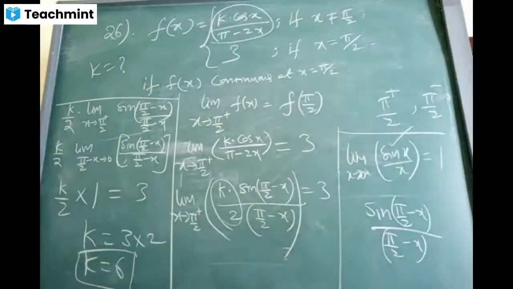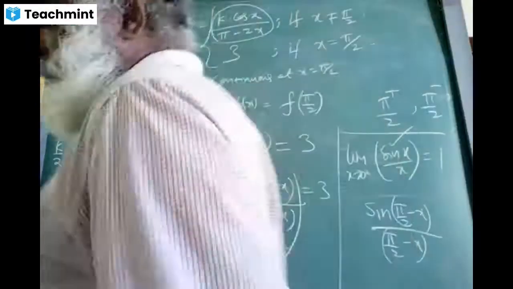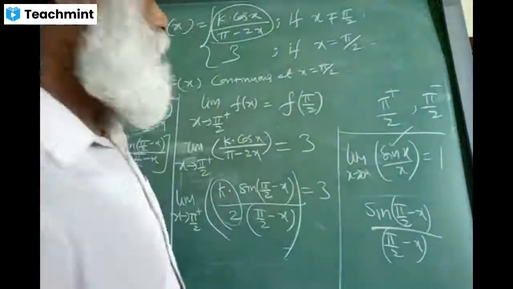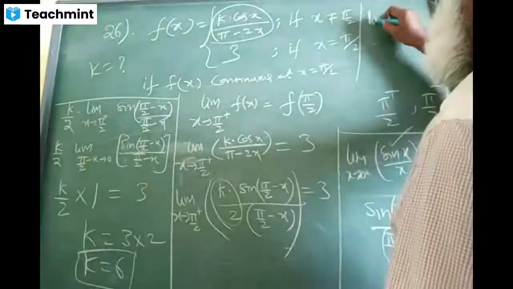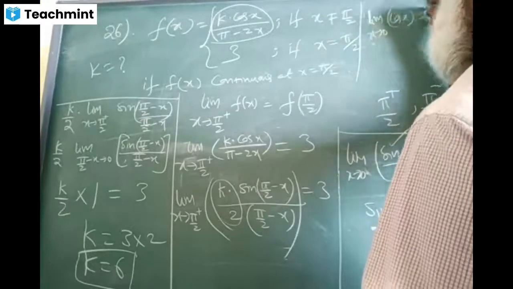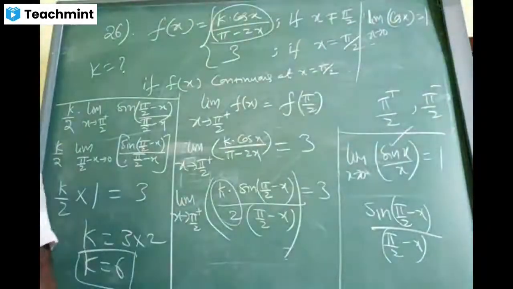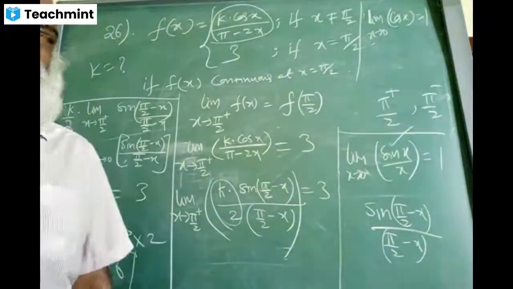Sir, for the limit x tends to 0 of cos x, what is that, sir? 0 or 1? Okay, the limit x tends to 0 of cos x equals 1. That's all. Cos 0 is 1.